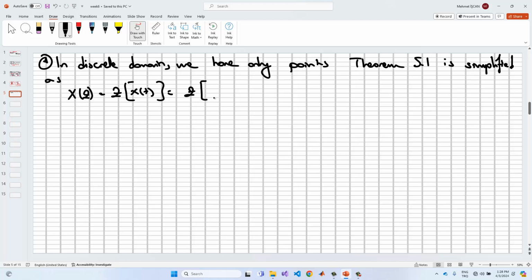Z of x(kT), where T is the sampling period in here and k is the sequence number. Okay, and so this can be equal to the sum from k equals 0, because we have the 0 time, the first point to sample our signal, to infinity of x(kT) times z to the minus k.